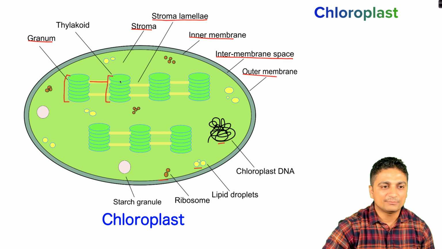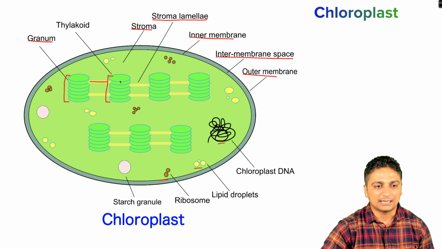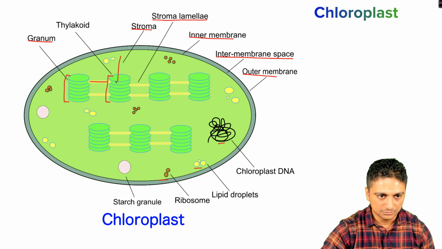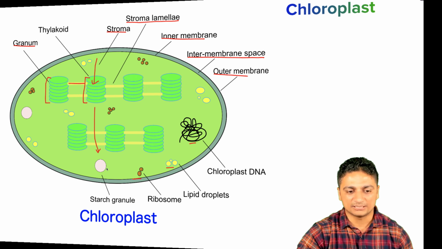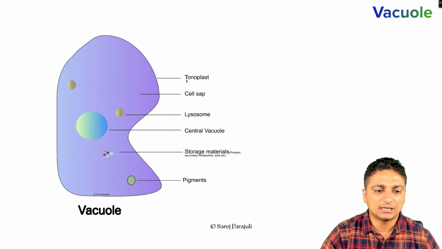This thylakoid membrane or thylakoid system is the main place where light energy is being converted into chemical energy. So the light energy comes here and it converts the light energy into chemical energy or makes carbohydrate like starch.